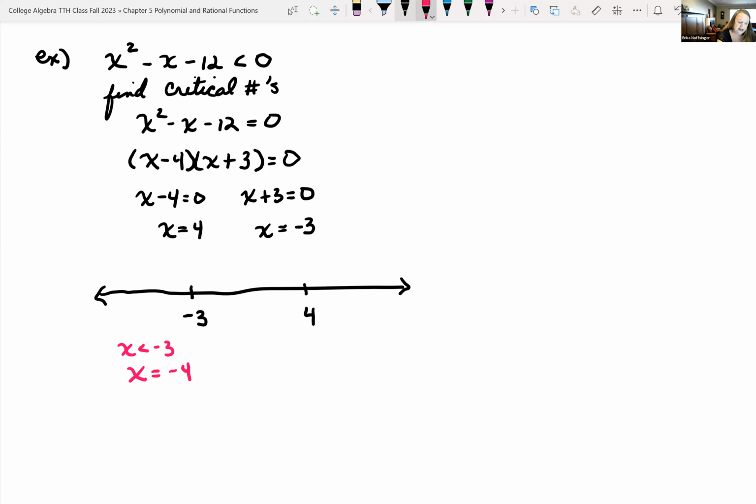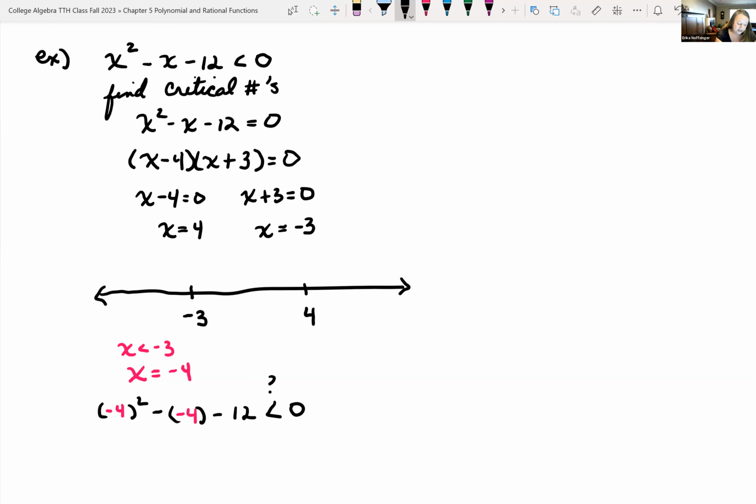So we want to plug in -4 into our inequality and see, is this a true or a false statement? So if we go in and wherever we see an x, we plug in -4, we want to see, is that less than 0 or greater than 0? And so I have -4 quantity squared minus a -4 minus 12. Is that less than 0?